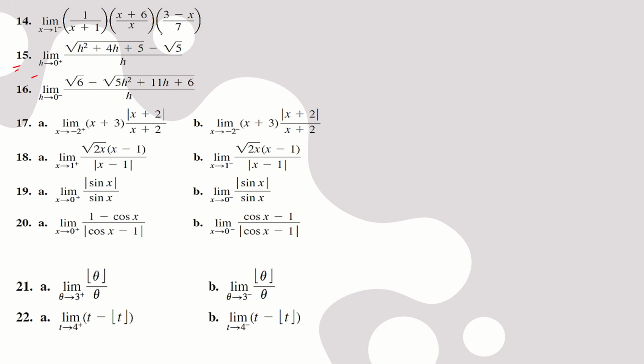I'm just trying to solve question 15. In this case, we are finding limit h goes to 0 from right side, and that is under root h square plus 4h minus 5 plus 5 minus under root 5 divided by h.